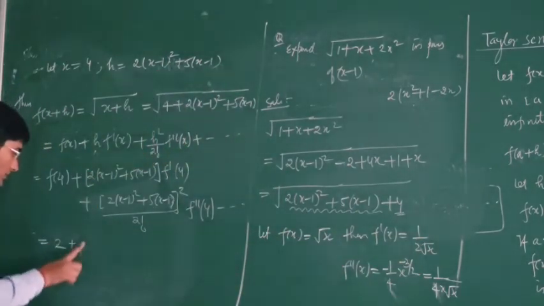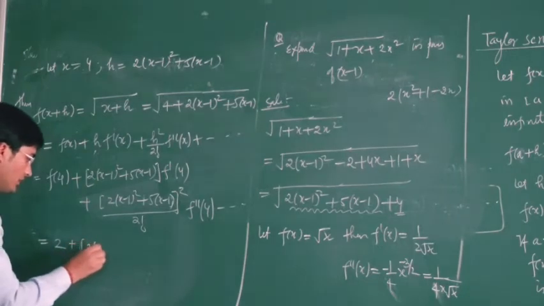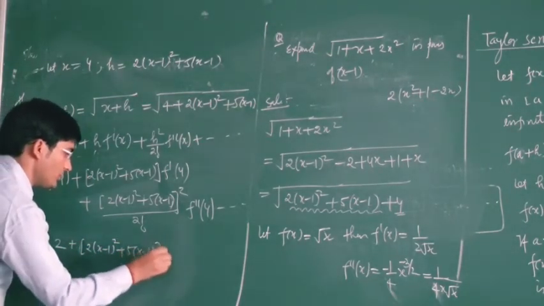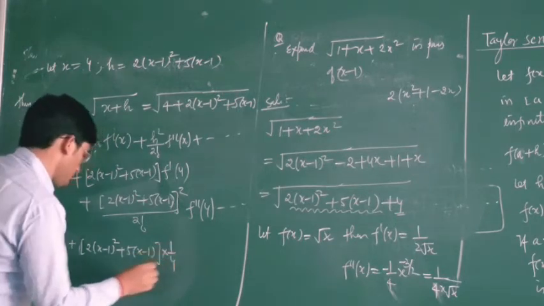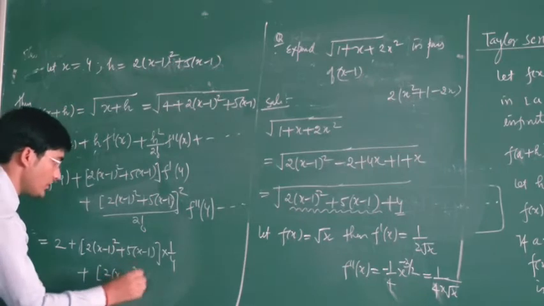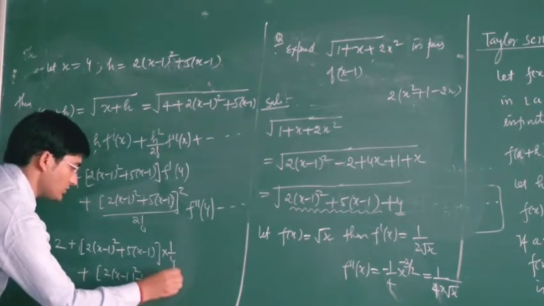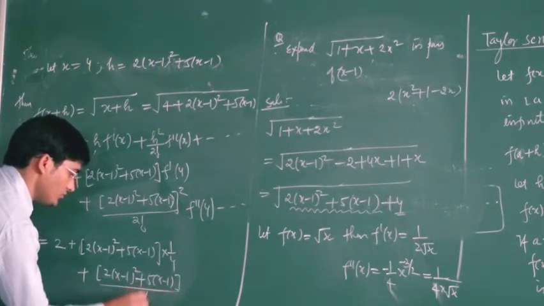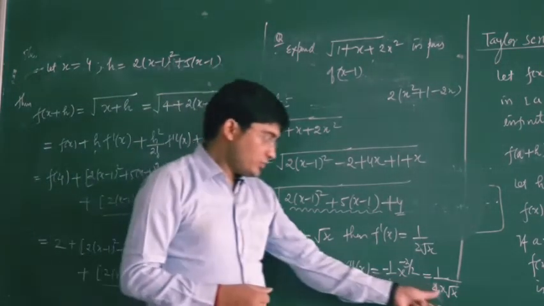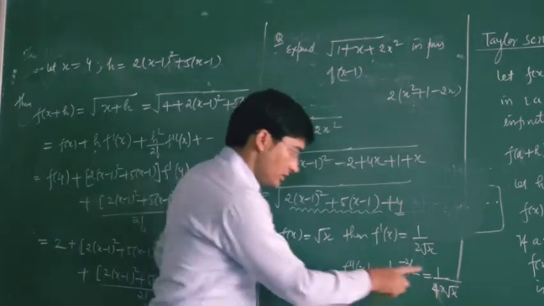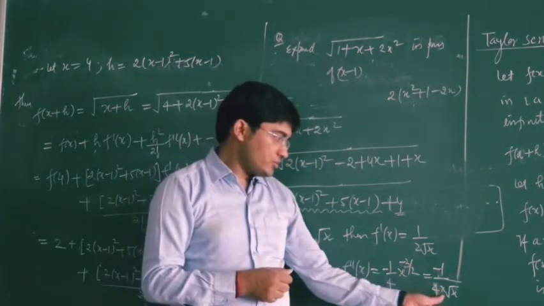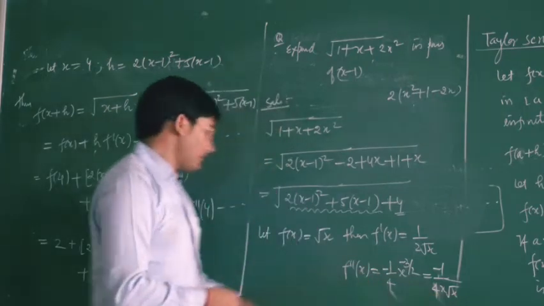So the next term will be 2(x minus 1) whole square plus 5(x minus 1) into 1 by 4. Then the third term will be 2(x minus 1) whole square plus 5(x minus 1) divided by factorial 2 and whole square is here. Then f double dash 4. Let us put x equal to 4 here. We have minus sign here. So if we put x equal to 4, then this will be 16 into 2, that means 1 by 32.